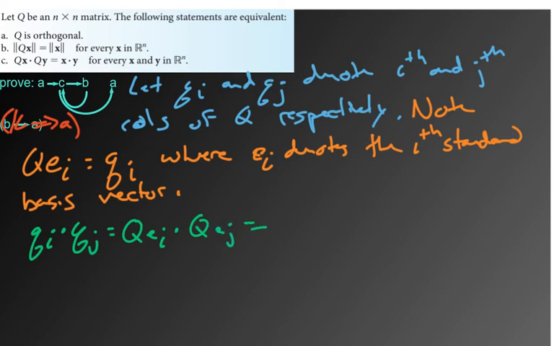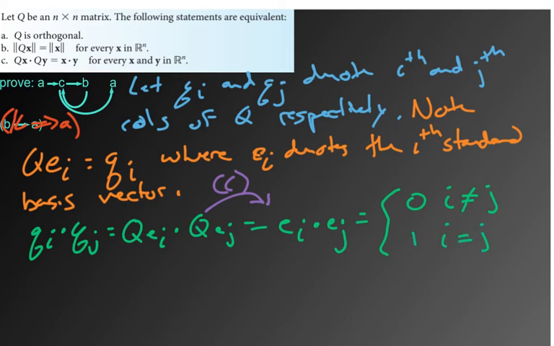And then this is where I actually use property C, okay? So property C says that this should be the same as e sub i dotted with e sub j. And we know that those are the standard basis vectors, and we know that those things equal 0 when i doesn't equal j, and are 1 when the two of those are equal.